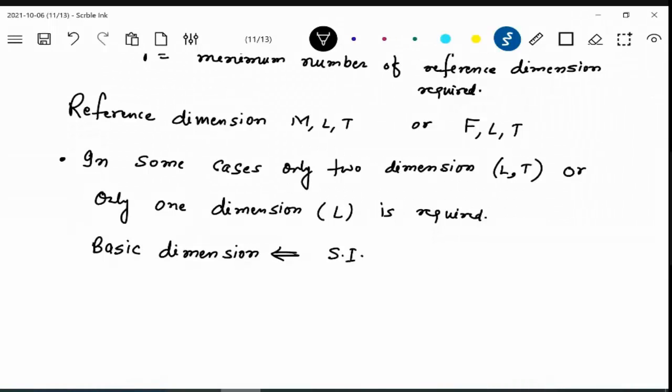You can either use MLT or you can also work in terms of FLT. When we say reference dimensions, this means the dimensions related to that problem only. You can have 2, 3, or 4 reference dimensions, depending upon the variables in the problem. But the basic dimension is always fixed.